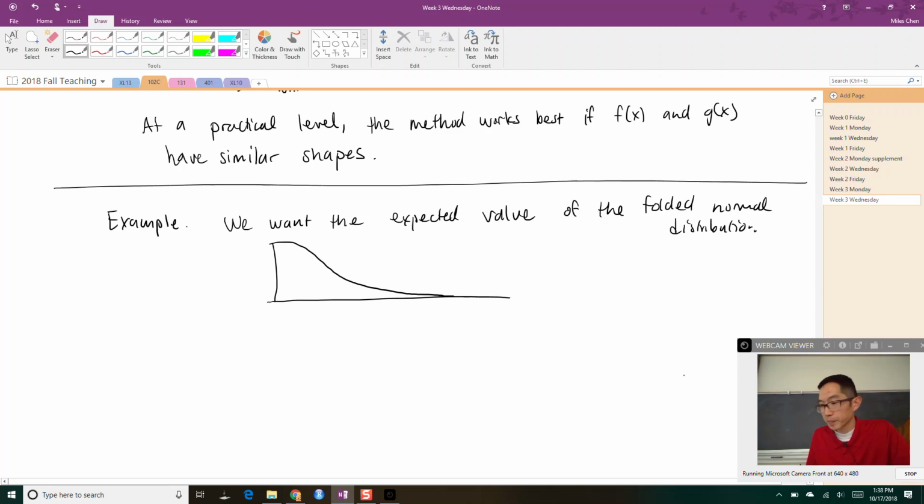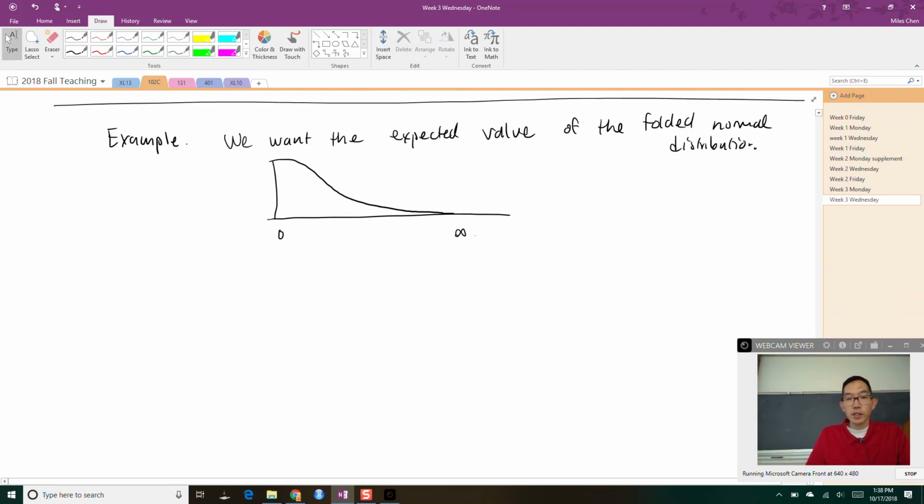It goes from 0 to infinity. It's basically the positive half of the normal PDF, but because it has to integrate to 1, it's going to be twice as tall.